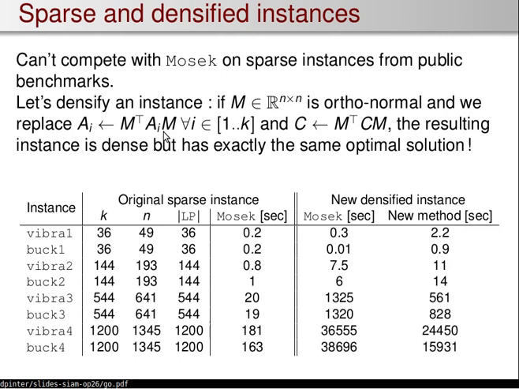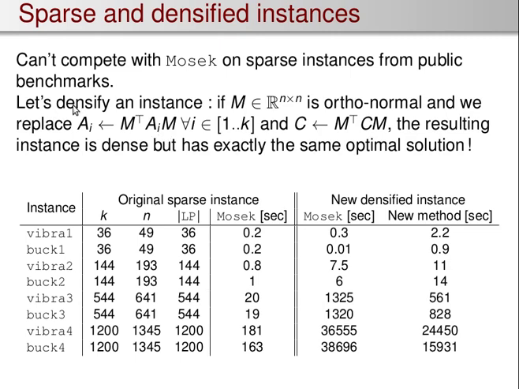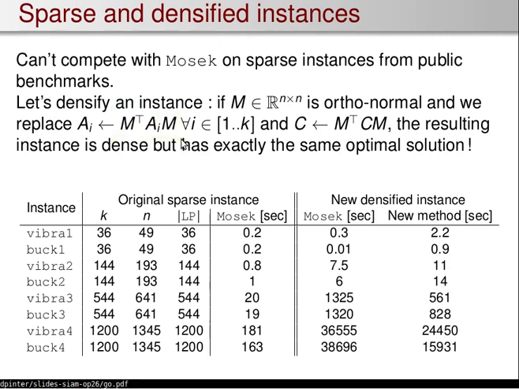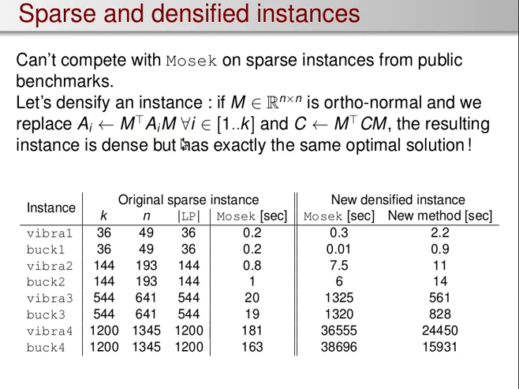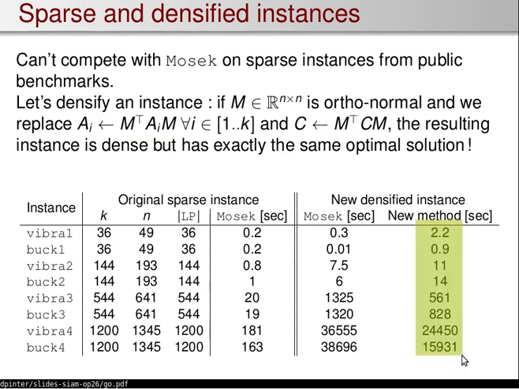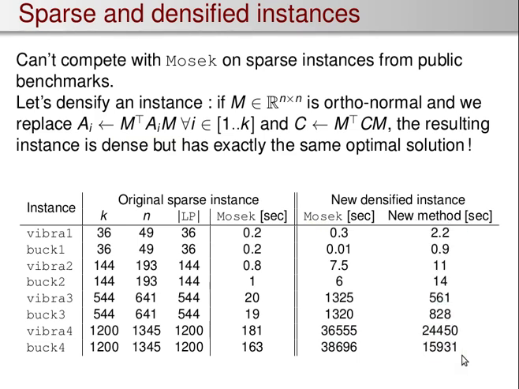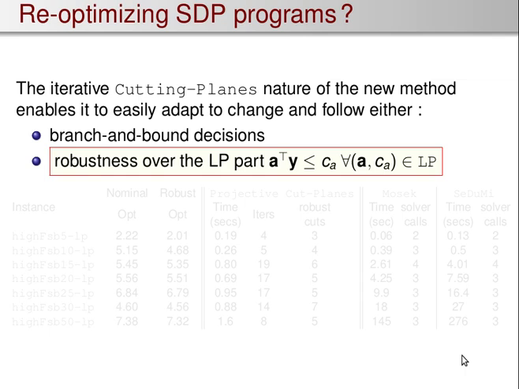You can check that if I replace hi by this value, and the same for c, I keep the same instance. I have strictly the same feasible area, so it's actually the same instance, but Mosek starts suffering, and the new method also suffers. It's more or less the same time as for the sparse variant, but I can hope to compete with Mosek.